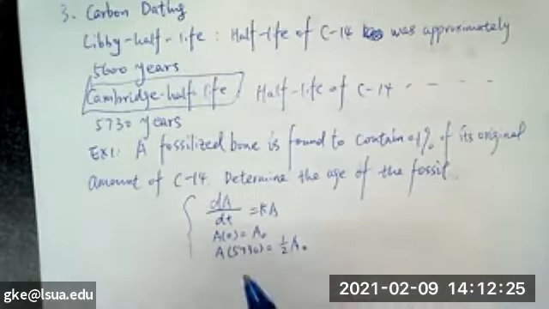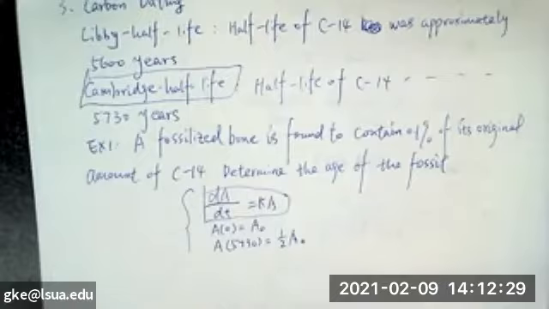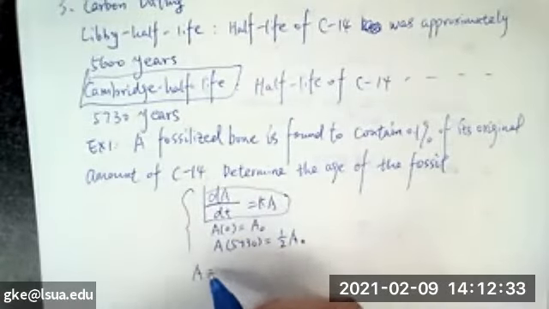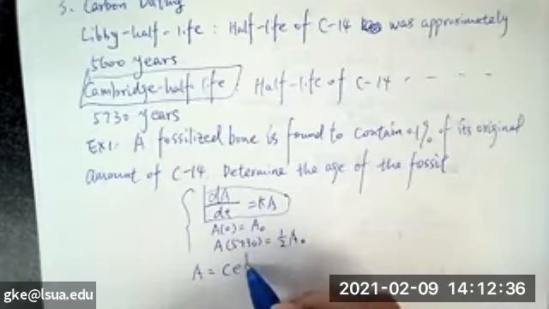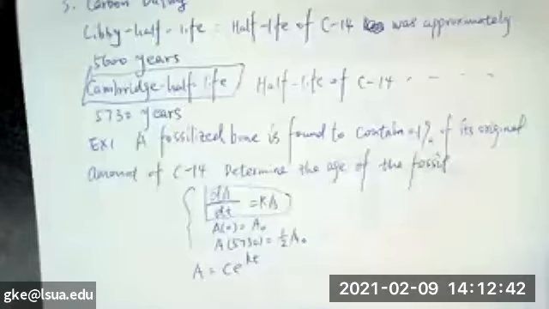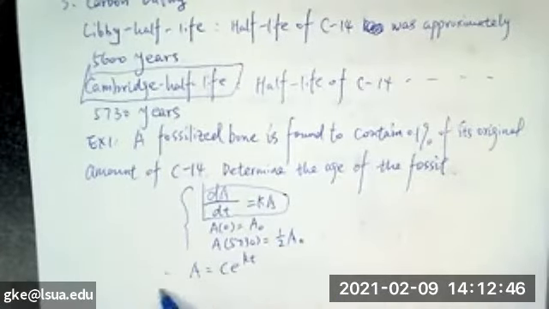As we know from the previous examples, the solution of this ODE can be written as A = Ce^(kt), right? We already did several examples of how to solve this type of problem. We can use the separable method and get the solution. Here I just copy it.